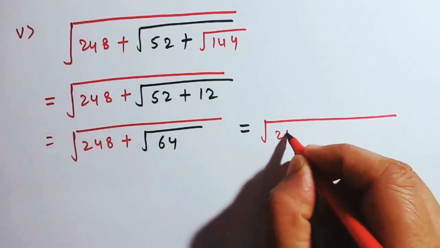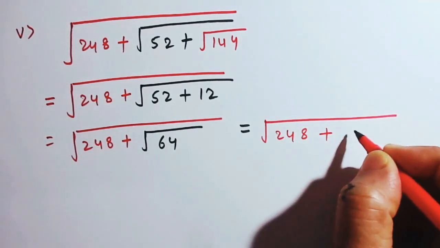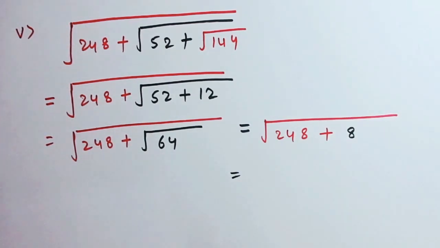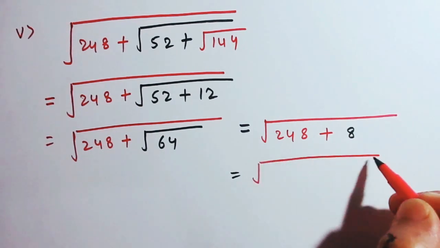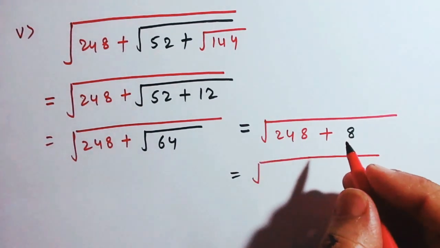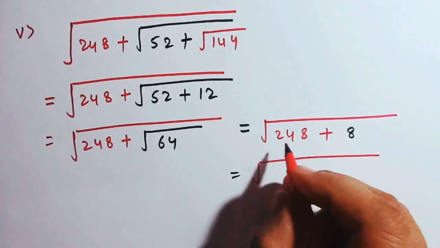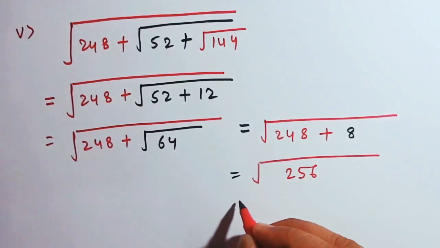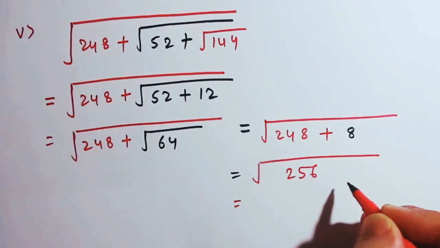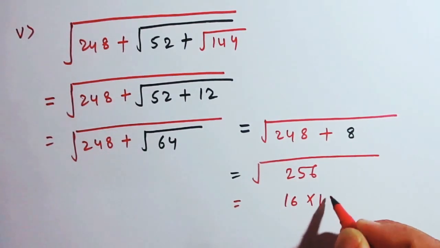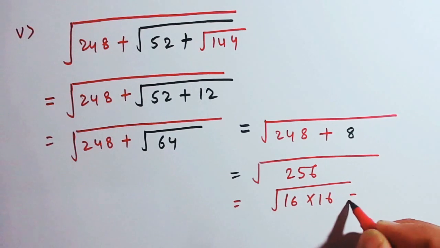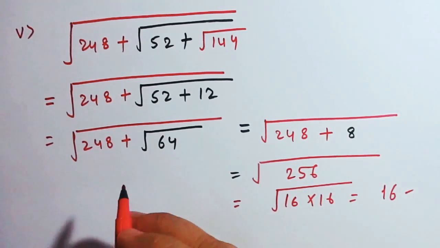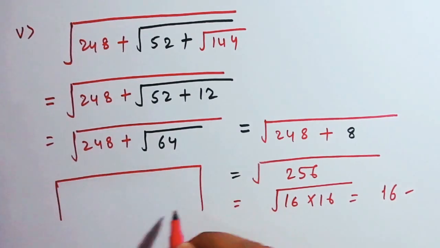So 248 plus 8, use a black pen, is equal to the square root of 256. And 256 means 16 times 16. So the answer is 16. We found how easily these sums can be solved.